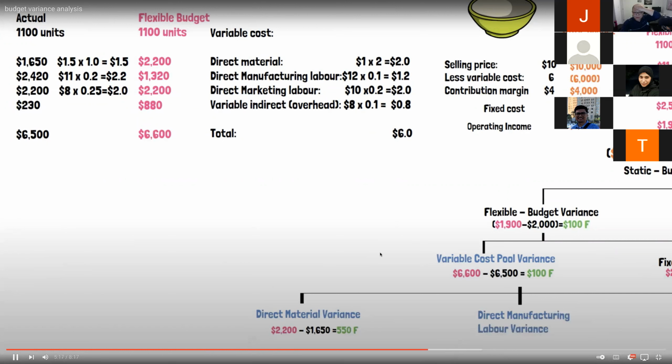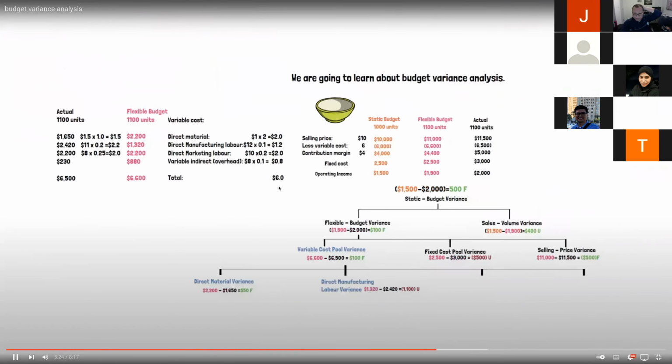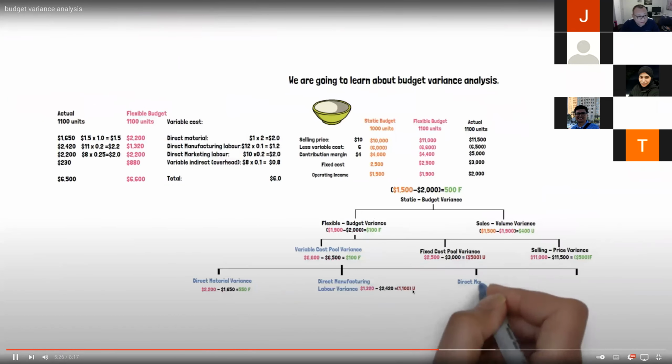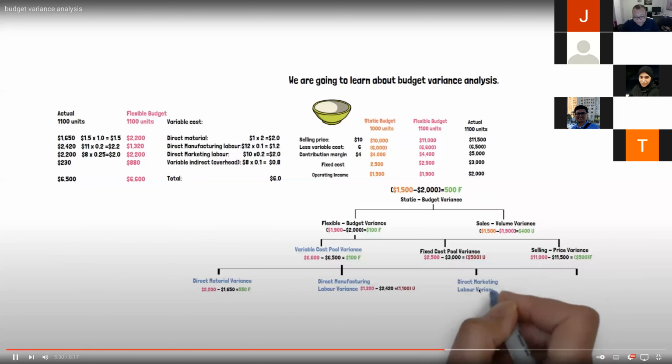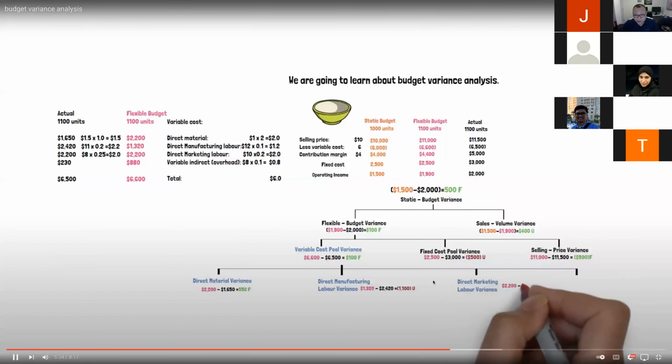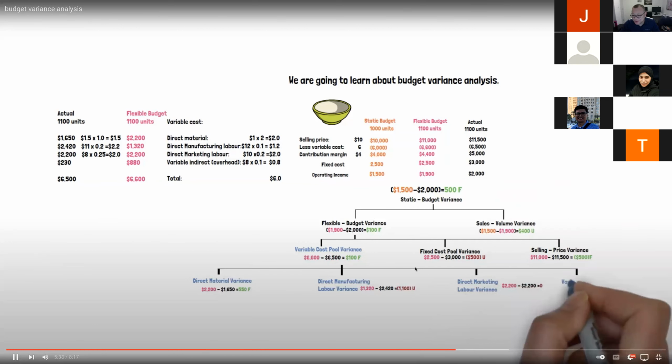I'm going to use 1,320 minus 2,420, so that's unfavorable, 1,100 unfavorable. And the direct marketing labor variance: you use 2,200 minus 2,200, so this is 0, no variance.